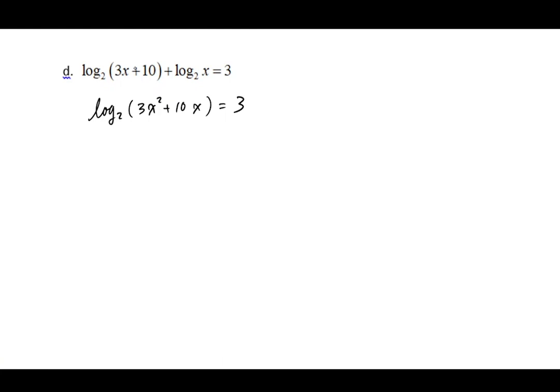Then we rewrite this into exponential form. Remember 2 is the base, and that's the exponent. So we have 3x squared plus 10x is equal to 2 to the 3rd power, which is 8. Now bring it over. So 3x squared plus 10x minus 8 is equal to 0.